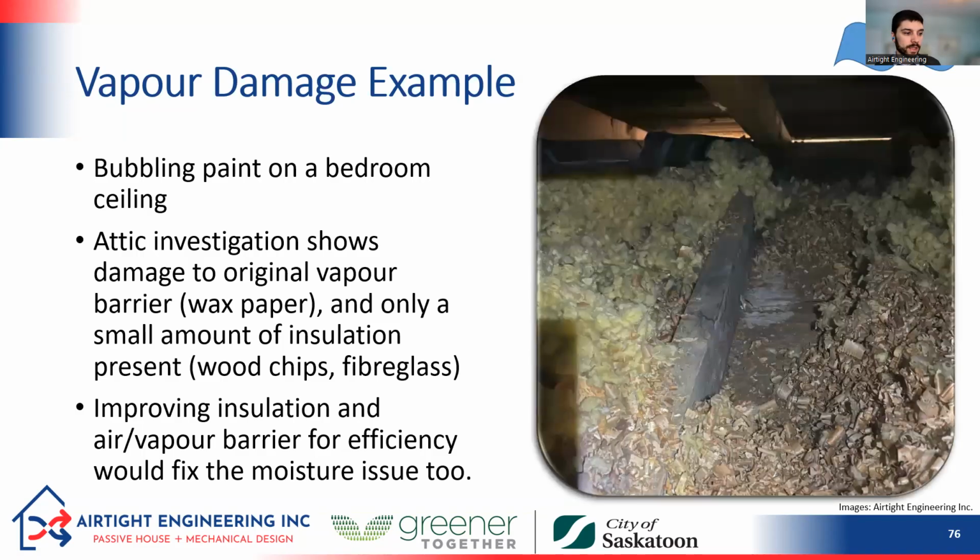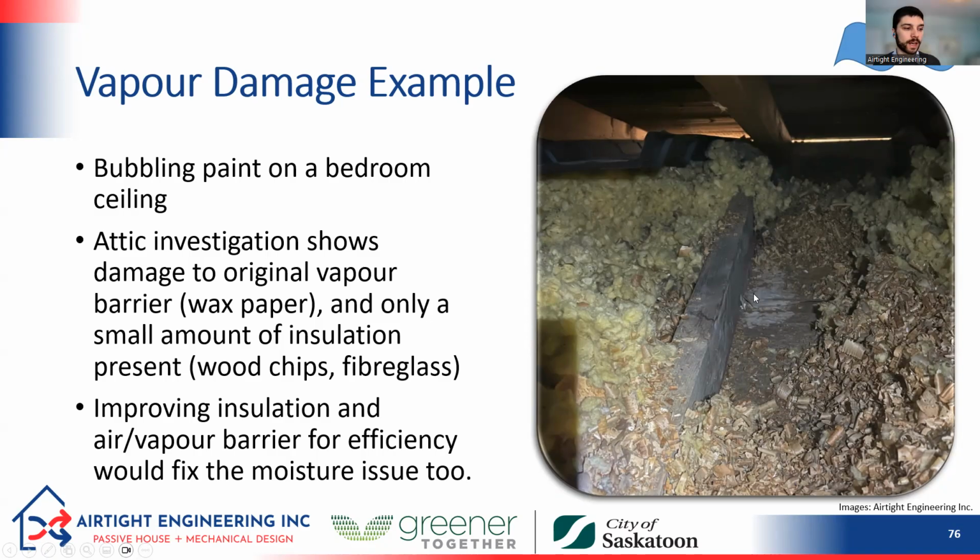And this is what it looked like in the attic. Here I've moved some of that insulation away. There wasn't much to begin with. You can see this brown stuff is wax paper, and then this white stuff is the damaged wax paper. So it's had some damage to it, and there's maybe a tear in it as well. And so there's moisture that is now condensing in that ceiling because it's cold.